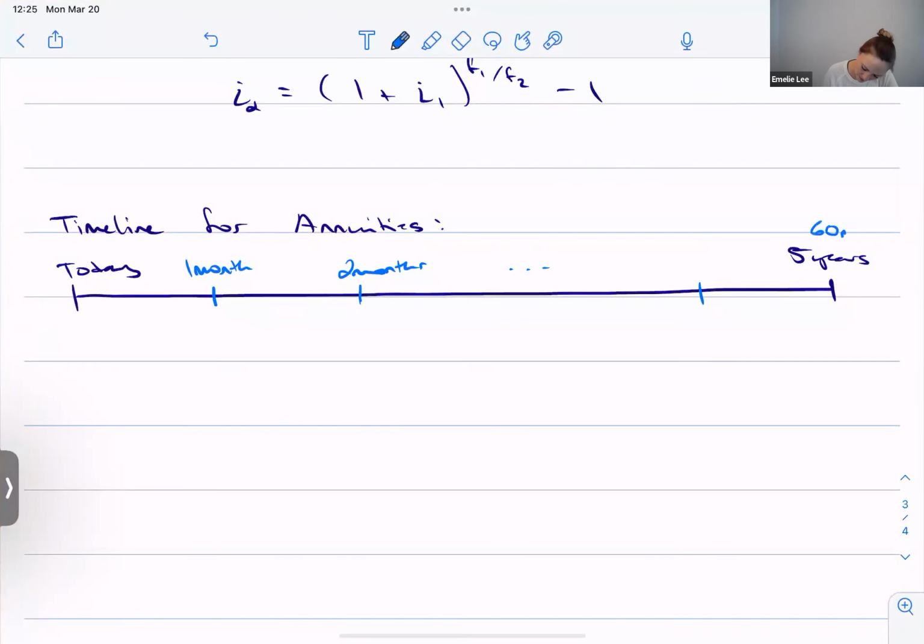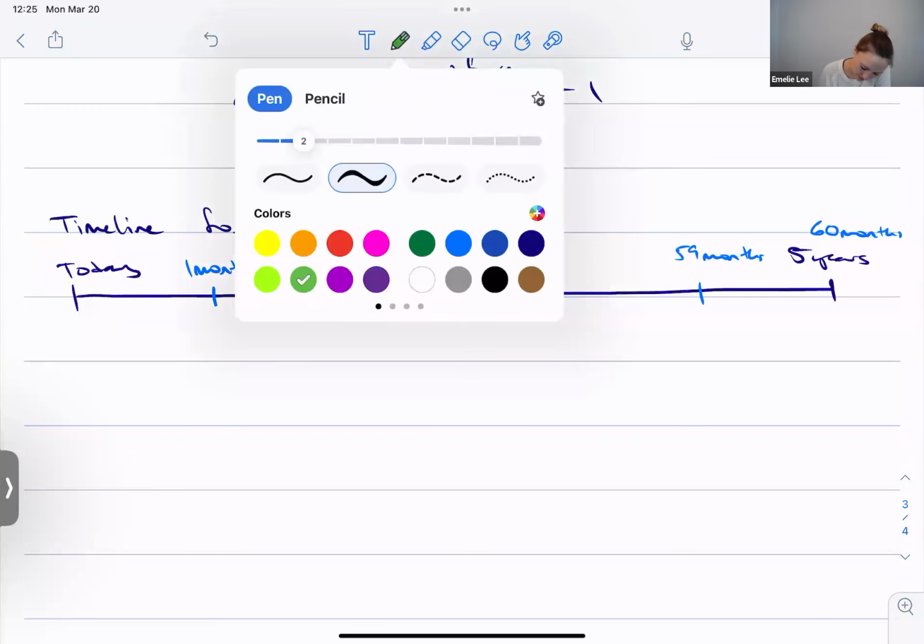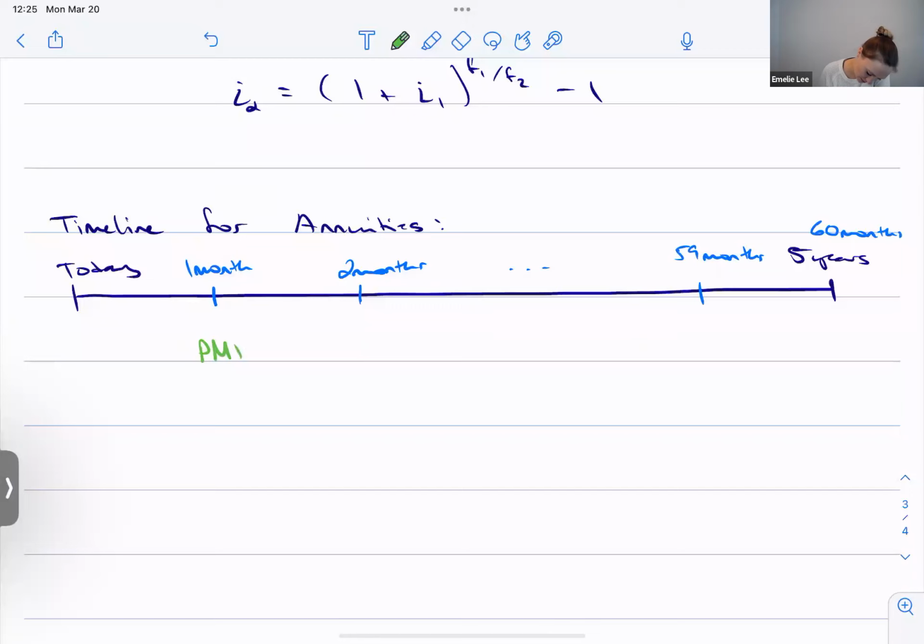So then 60 months, which means the second to last one is at 59 months. Okay, and then I ... in between. Okay, underneath, you're going to have the payment amount, PMT, PMT, PMT.